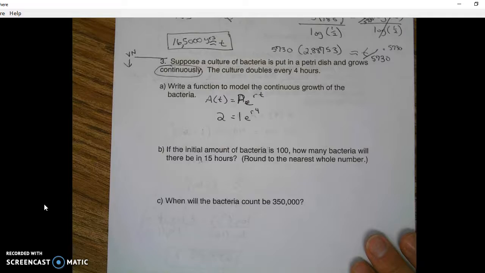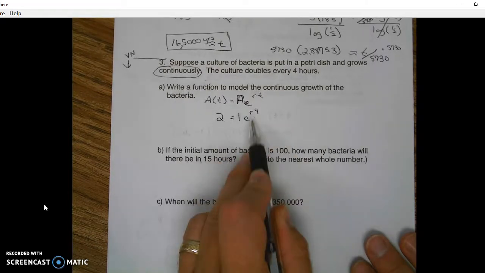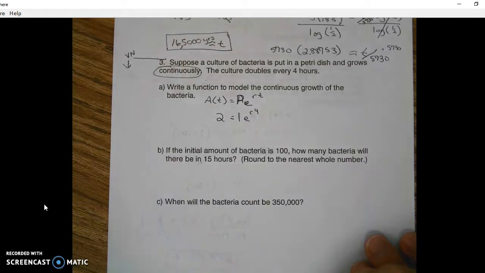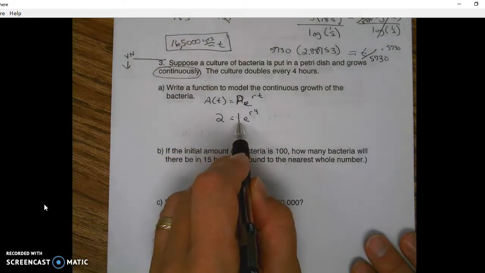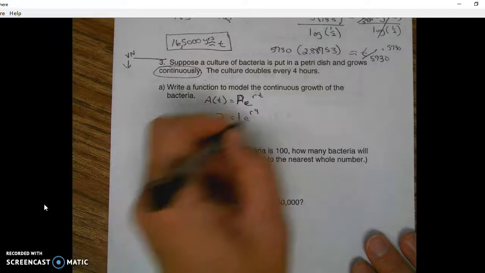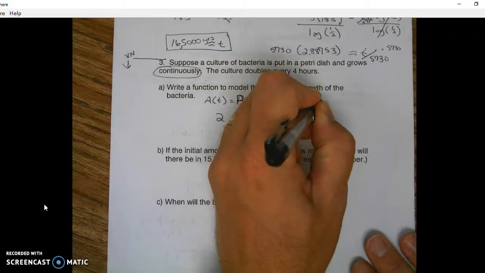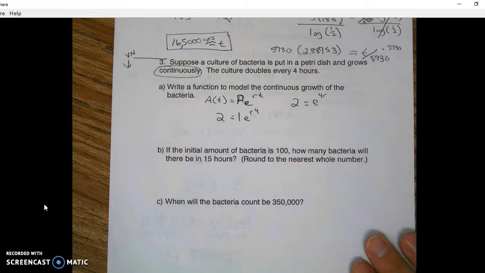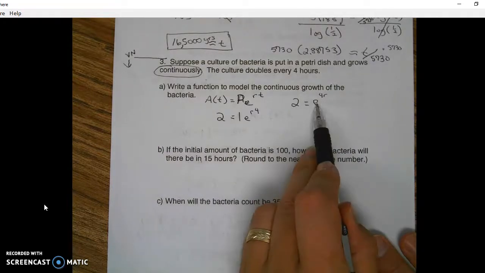So in order to write a function to model this continuous growth, we need to solve for r. Since I used a 1, what I really have here now is 2 = e^(4r), because 1 times anything is anything.